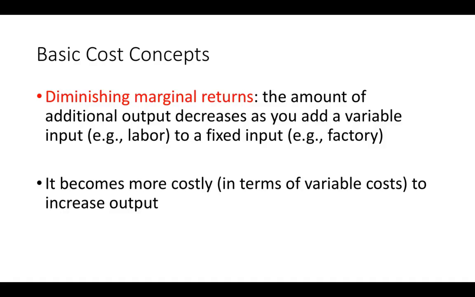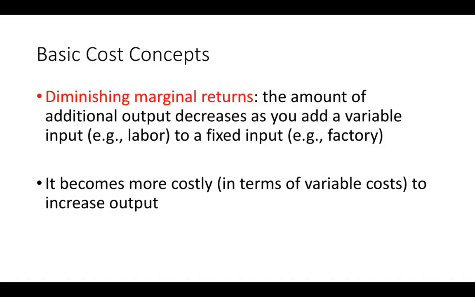Let's say you wanted to hire a second worker, but because of diminishing marginal returns, you only have one lawnmower. Again, that's your fixed input. Instead of being able to mow an additional 8, let's say you can only mow an additional 4. So your marginal output of hiring that second worker is 4 additional lawns, but you're still having to pay that second worker for a day's work.